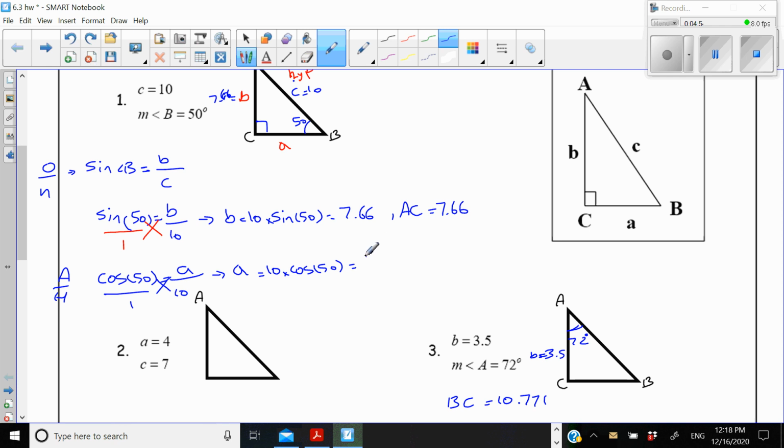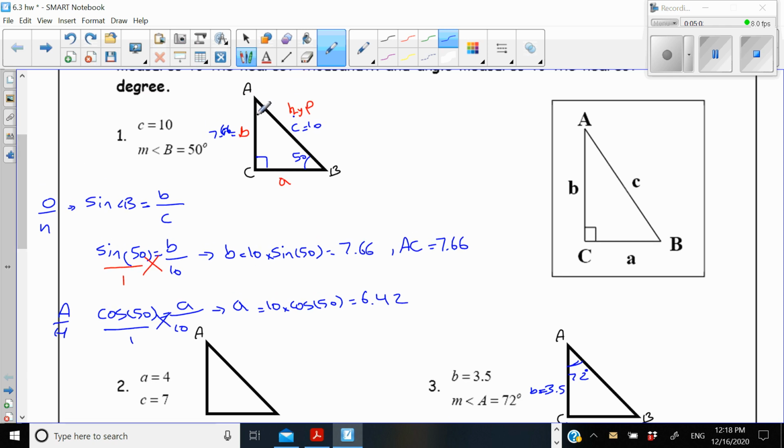So that's how I find the other two sides. And there's one more thing that I need to find here, and that's this angle A. Well, I know that in a triangle, all the angles will add up to 180. So if I have two angles, I can easily find the other one. So A plus B plus C, these are the angles. They all add up to 180.